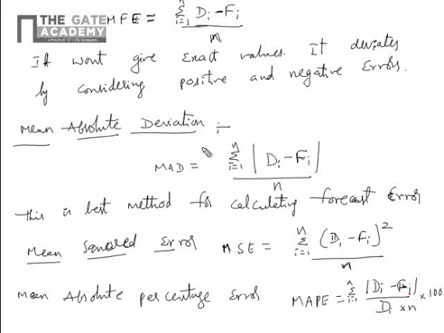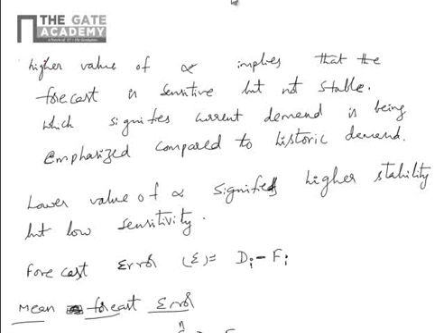Mean absolute is an important one, and there is another error like bias. Bias means deviation. Bias is also a measure of the average of all errors in the forecast, and a positive bias indicates underestimation while a negative bias indicates overestimation. So bias equal to sigma i equal to 1 to n, demand minus forecast, by n.